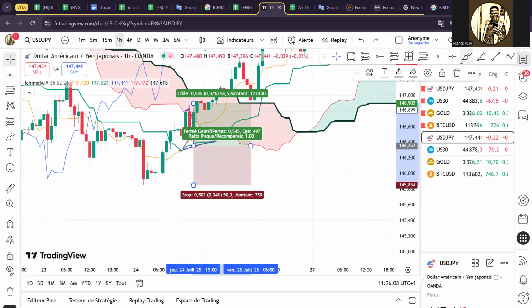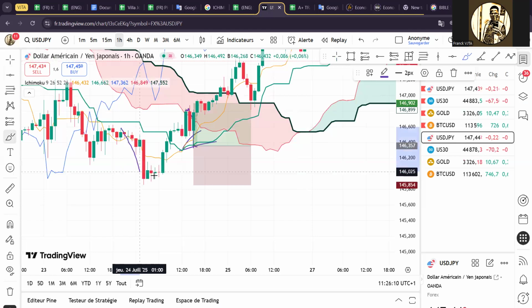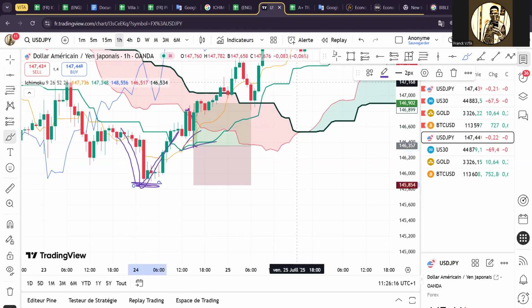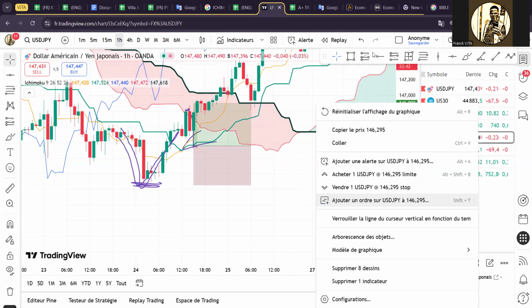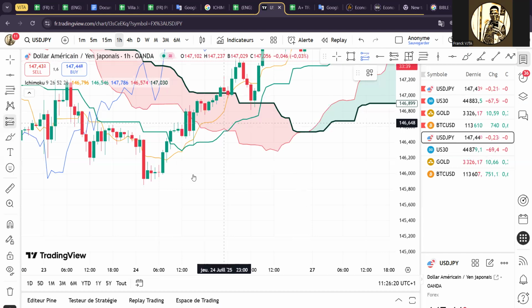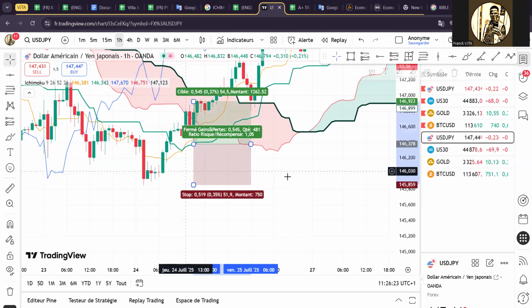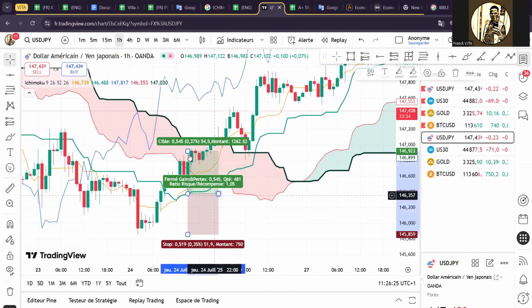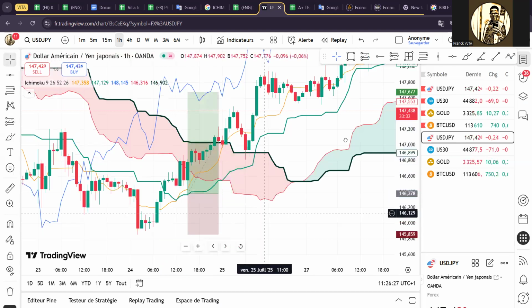Why do I call it V stop? Because it creates a V. The price creates a V like this, and at the bottom of the V on the candle, you place your stop loss. So you have basically this entry and then the stop loss, and then take profit up there.